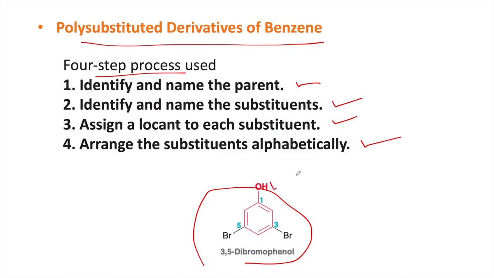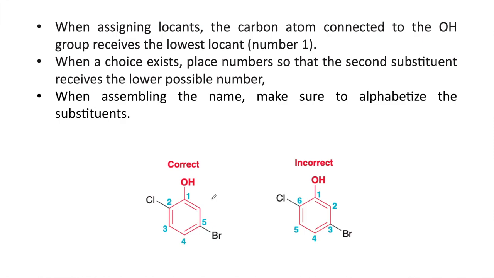So take this example. This is the parent part, the phenol part. Now you can give numbers 3 and 5 to these two bromo groups. So it will become 3,5-dibromophenol. While assigning the locant, you have to take one thing into consideration: wherever a substituent is, it should get the minimum number.